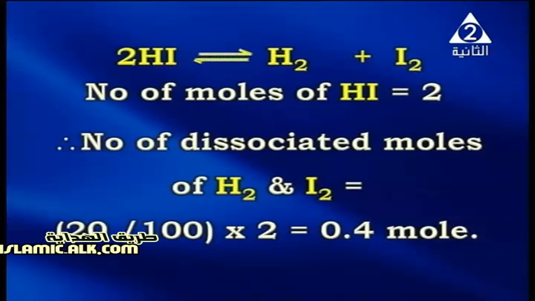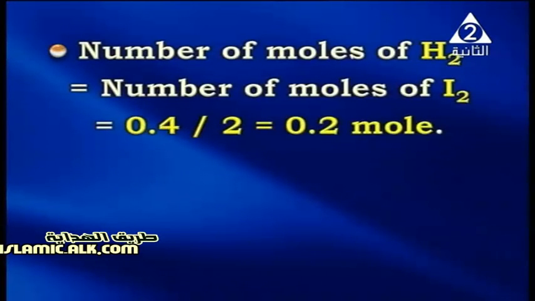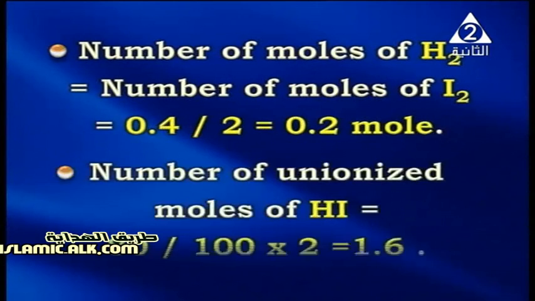So the number of dissociated moles of hydrogen iodide, which is 20%, equals 20 over 100 times 2, which equals 0.4 moles. Then the number of moles of hydrogen equals the number of moles of iodine, equals 0.4 divided by 2, equals 0.2 moles. And the number of undissociated moles of HI equals 80 over 100 times 2, equals 1.6 moles.